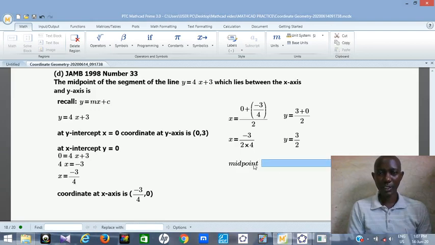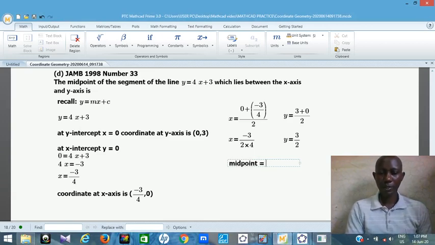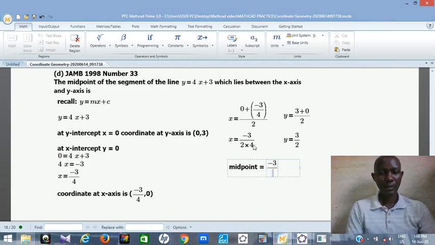The midpoint will now be equal to, so this is minus 3 over 8, then the other point is 3 over 4.